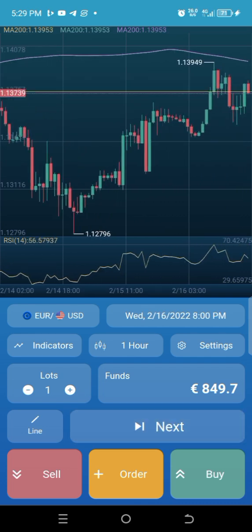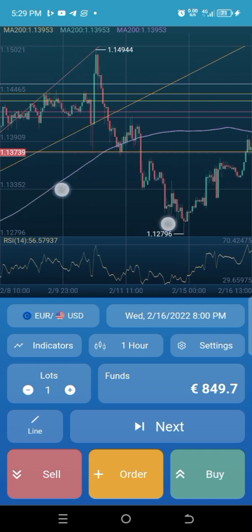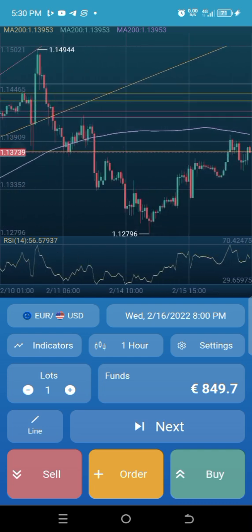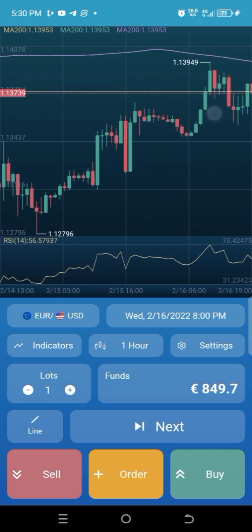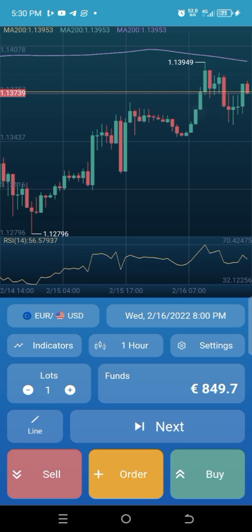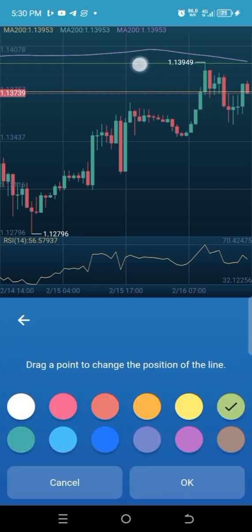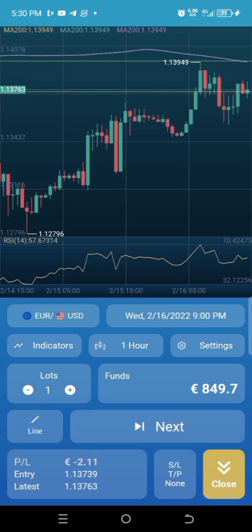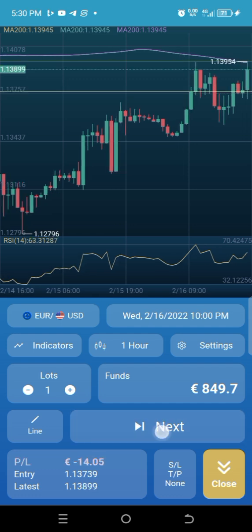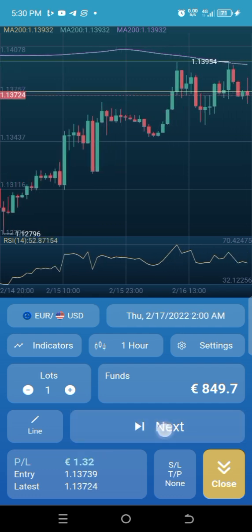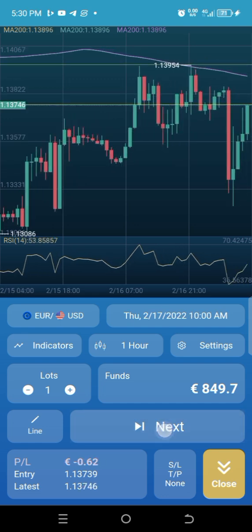Okay, price has entered my area of interest. So I'm going to enter right here because the trade was supposed to be here actually. Sell, stop loss around here. Almost, one more.